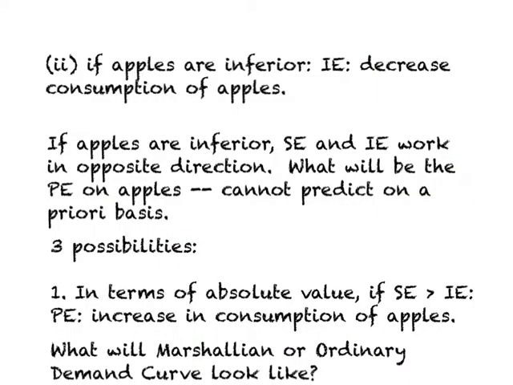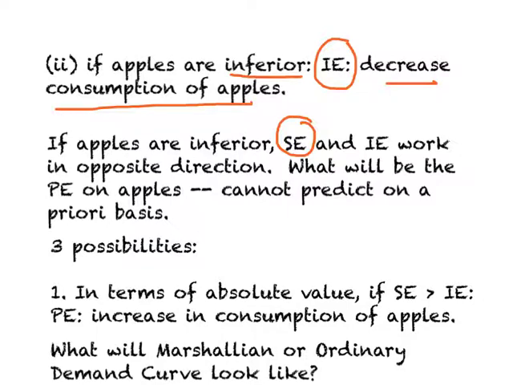Now suppose apples are not normal, or they are inferior. What will be the income effect when real income increases? It will be a decrease in consumption of apples. Now, if apples are inferior, nothing happens to the substitution effect. The results stay the same.